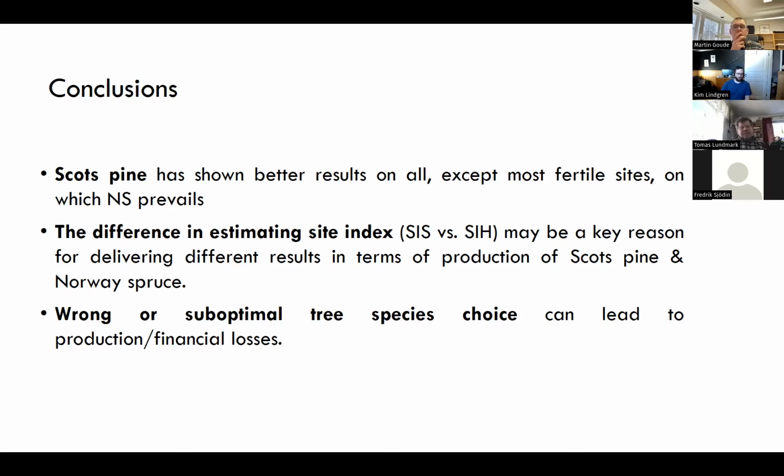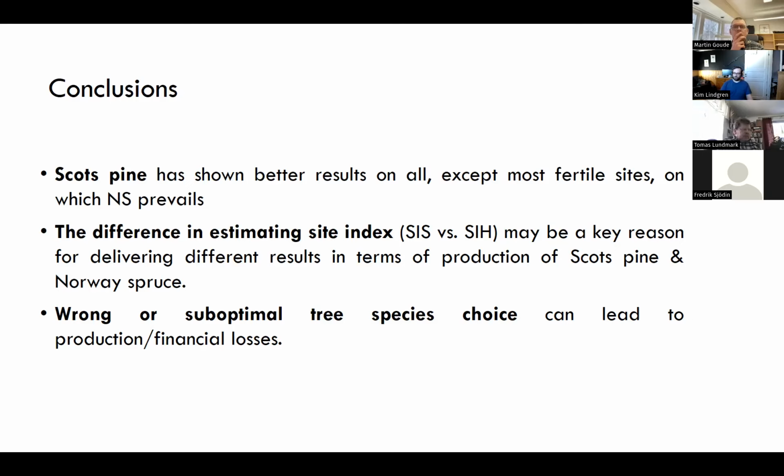I guess our main message would be, we do not want to encourage anyone to establish Scots pine on site indexes around maybe 30 meters. But what we want to show is that the range of sites where Scots pine could be used is much wider than we thought before.